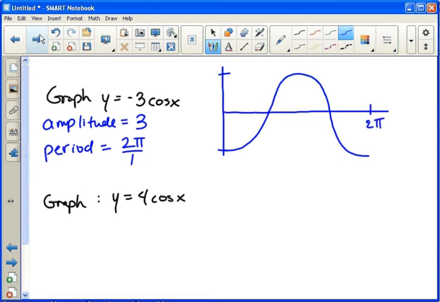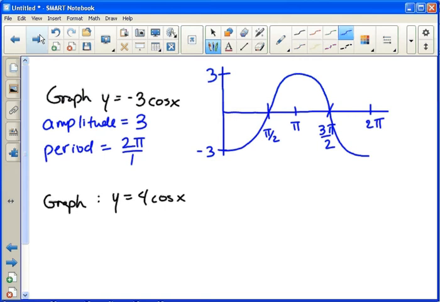And then when you split this up, it's going to be pi over 2, pi, and 3 pi over 2. And it starts down at negative 3 and works its way up to 3. We know that because the amplitude is 3. Okay, hopefully that makes sense. We're going to keep moving on.